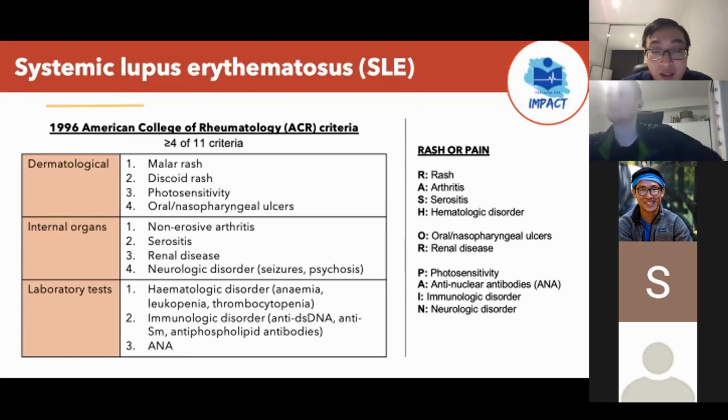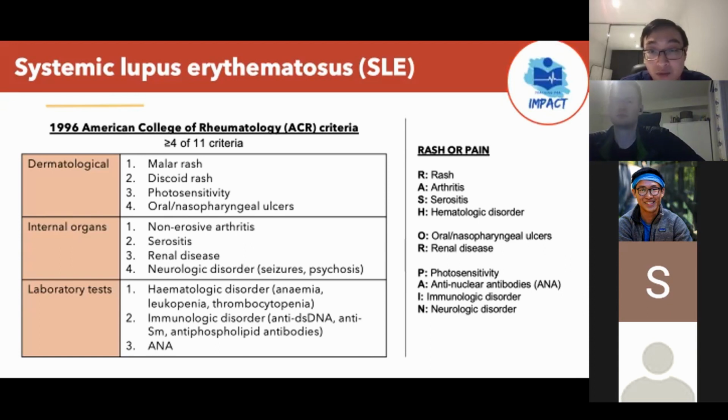The other must-haves would be CRP and ESR, which you would expect to be elevated in SLE. You'll look for C3 and C4, so the two complements, and a urine MCS, albumin creatinine ratio, so ACR, and protein creatinine ratio, PCR, to look for hematuria or proteinuria that might be suggestive of lupus nephritis.